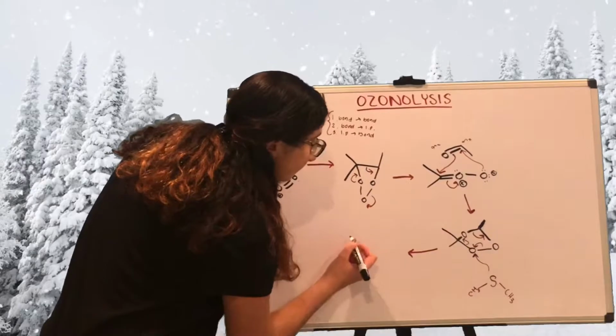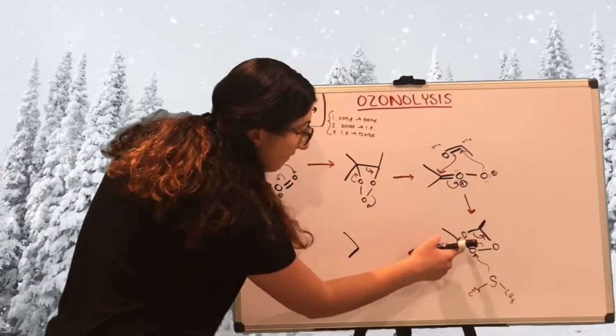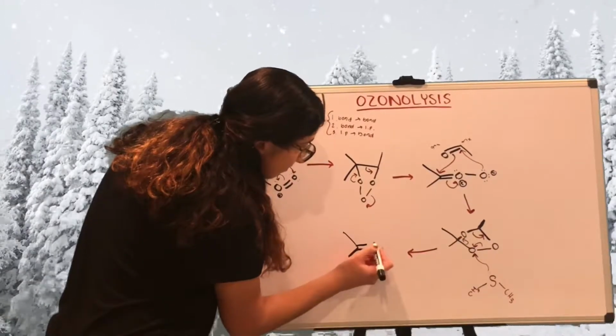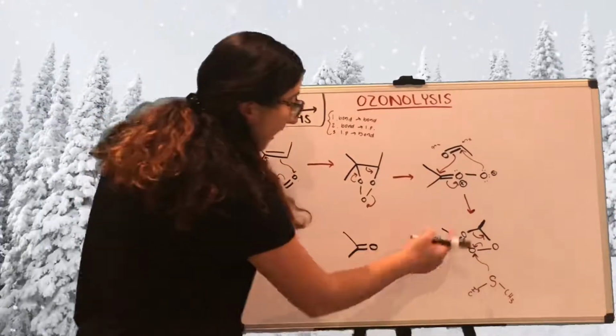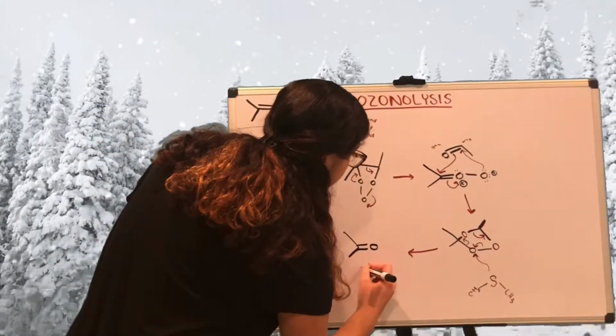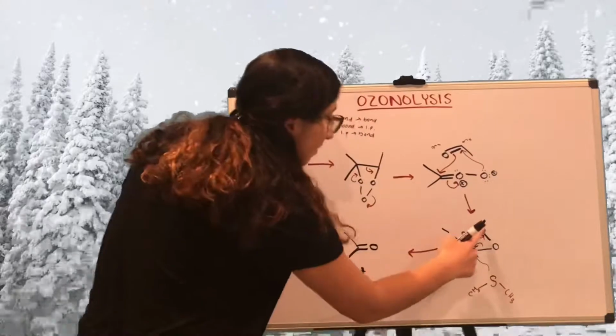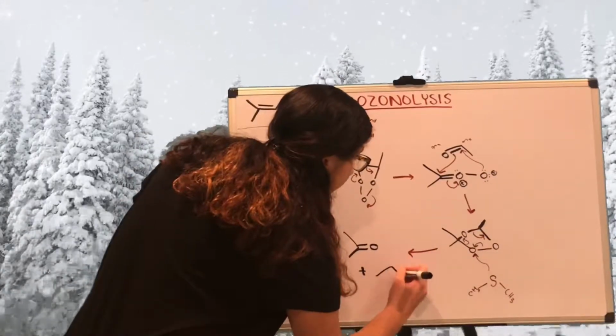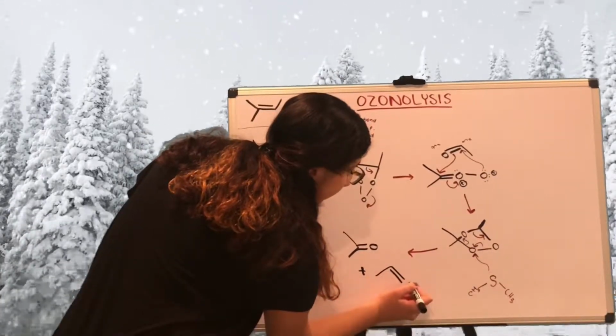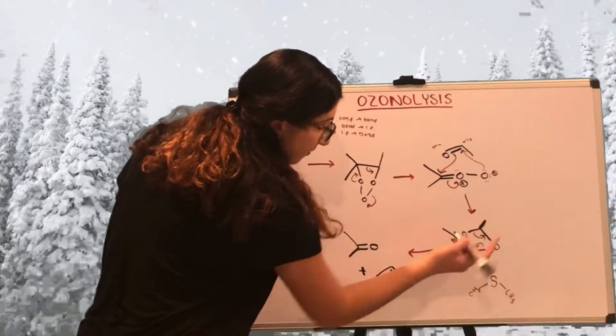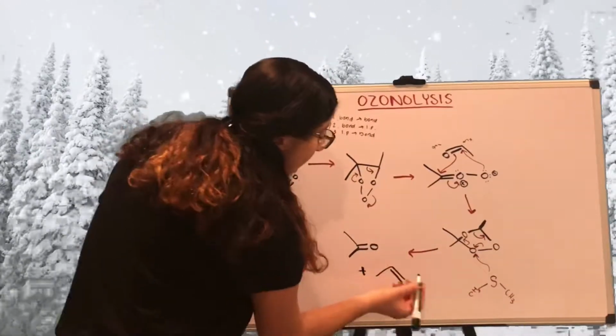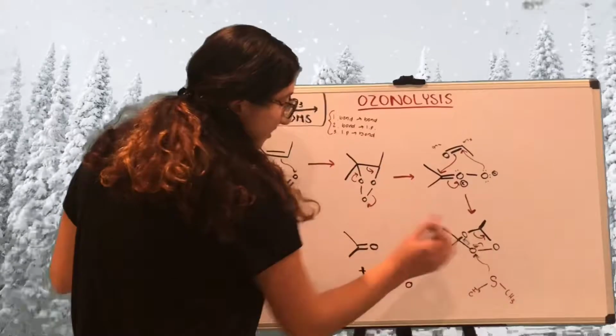So now we have a double bond O, and we have this molecule right here. This has turned into a double bond, and we no longer have that oxygen attached.